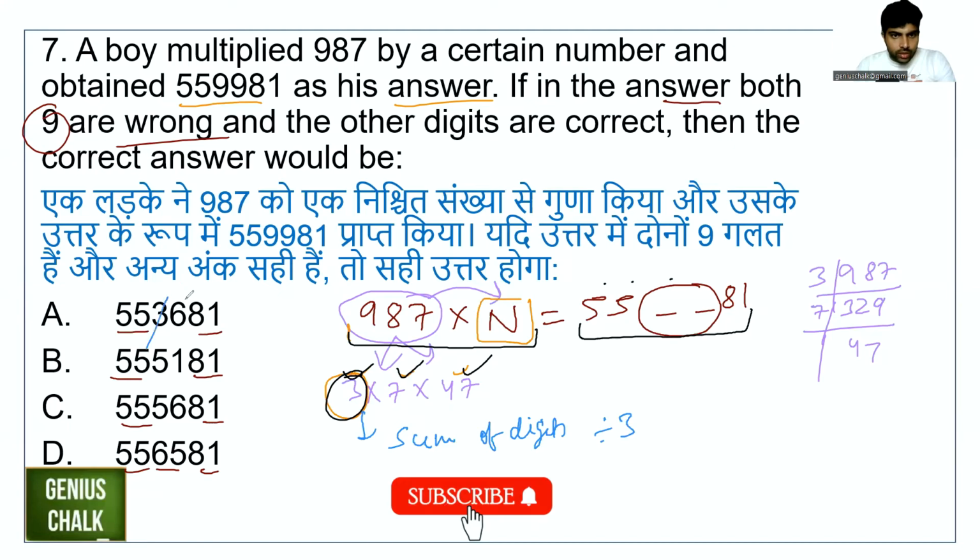For 3, 3 6 9 819 correct, but 559 it's not correct. So A is cancelled. Next is 555 15 done, 819, but still 1 left, so it is also cancelled. 555 15 fine. 6 fine. 819, yes, this option is correct.